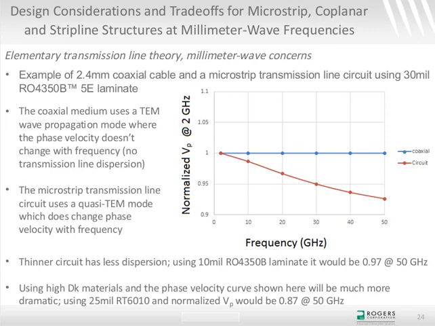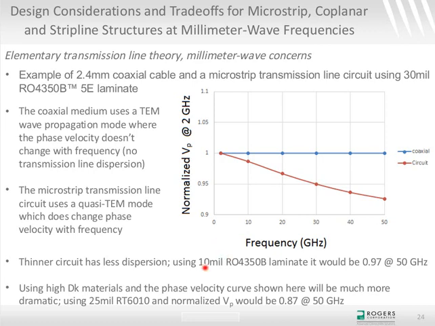And then the phase velocity with the microstrip transmission line, where it's a quasi-TEM, because the fields are used in both air and substrate, and the fields react differently in air and substrate as frequency changes, then you can see that there is a difference. And that difference regarding signal launch can be a pretty big deal. And now at about 50 gigahertz or so, with the 30 mil thick transmission line, there's about 0.97 difference of phase velocity between the coaxial connector and cable and the circuit.